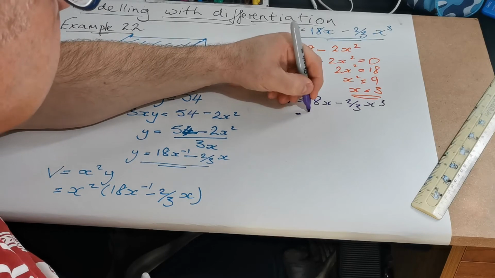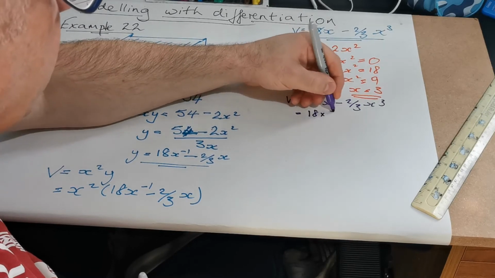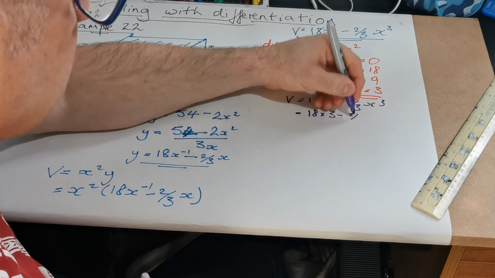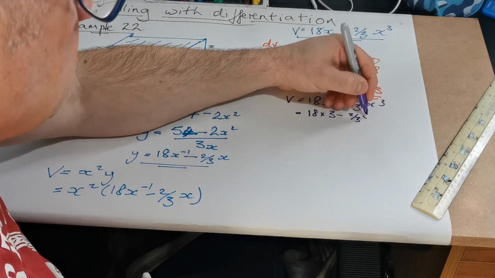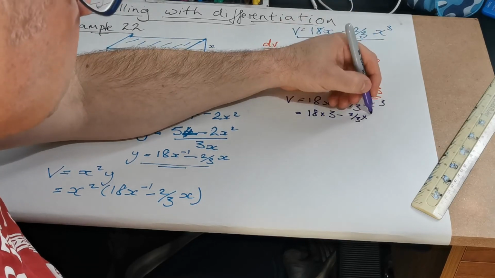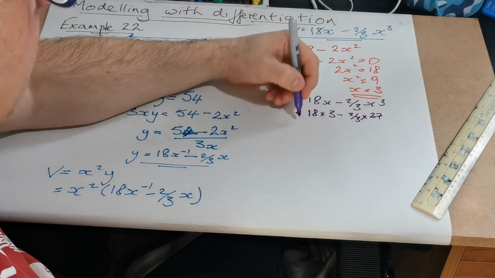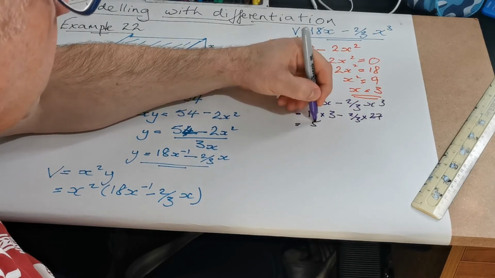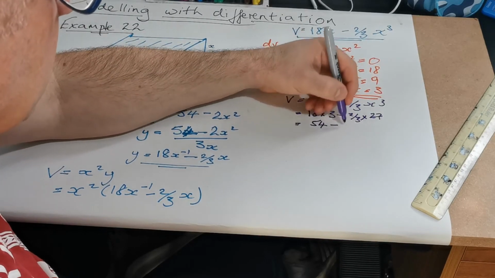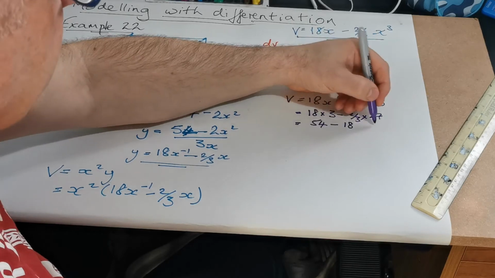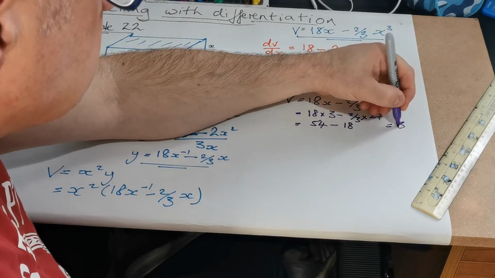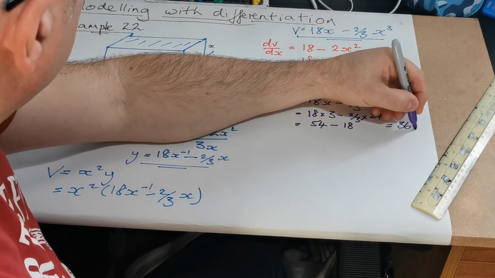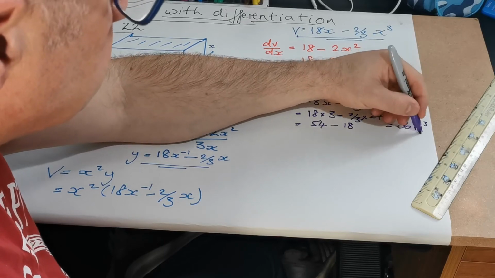So that's 18 times 3 minus 2/3 times 27. So that's 54 take away 18, which is 36 meters cubed.